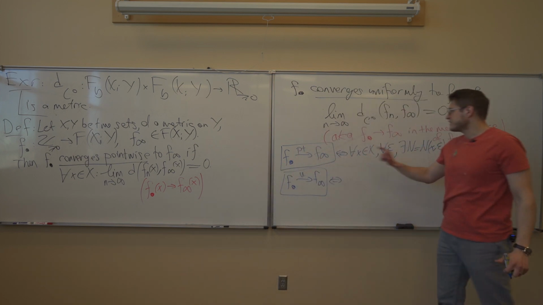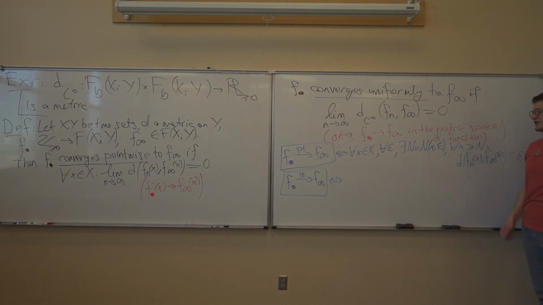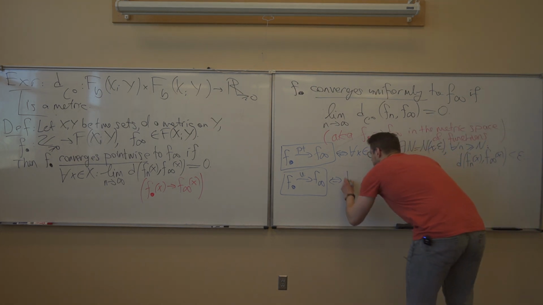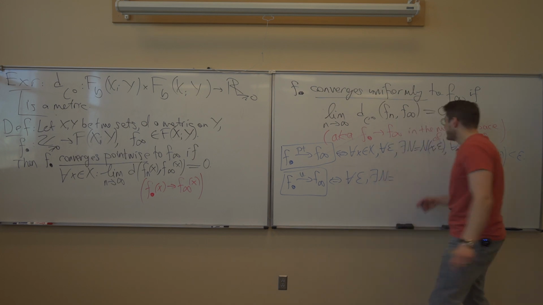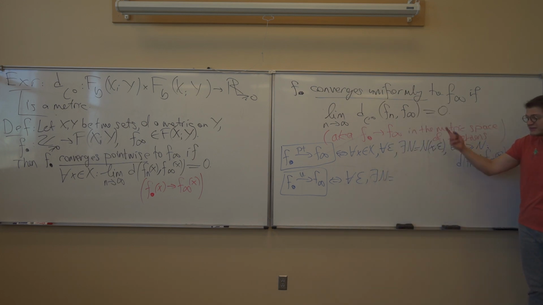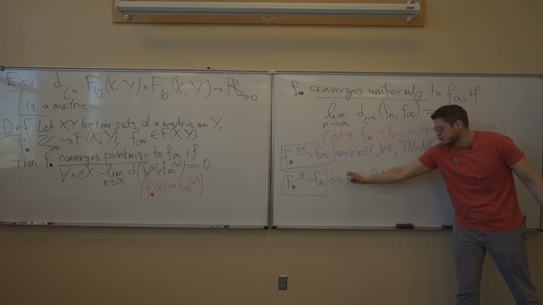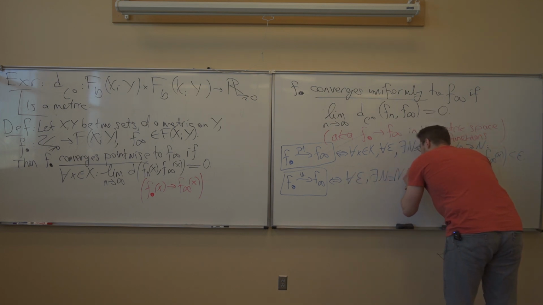You see, I don't start with for any x now. I need to start with for any epsilon. For any epsilon, there is an N that again might depend on epsilon, but it doesn't depend on x because I didn't choose the x before. That's the major difference.